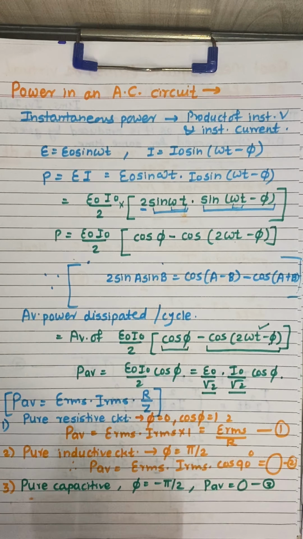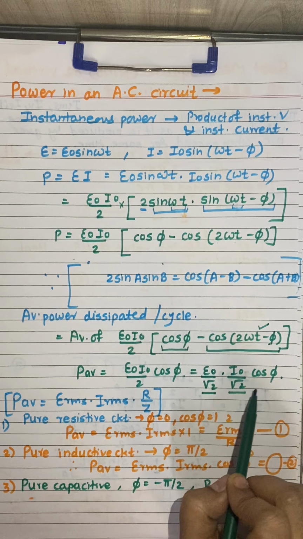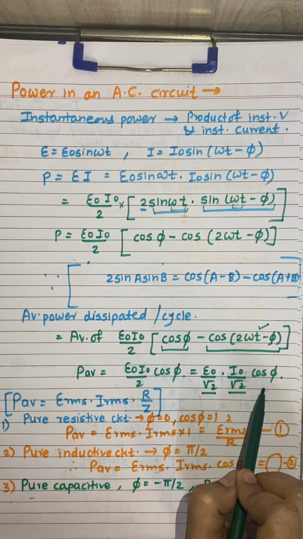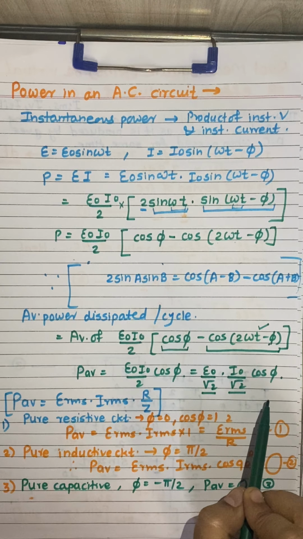Now the series LCR circuit. We have studied that for the series LCR circuit, P average is equal to E RMS I RMS into cos phi. When phi is equal to tan inverse of XL minus XC upon R, that time the circuit is considered a series LCR circuit.